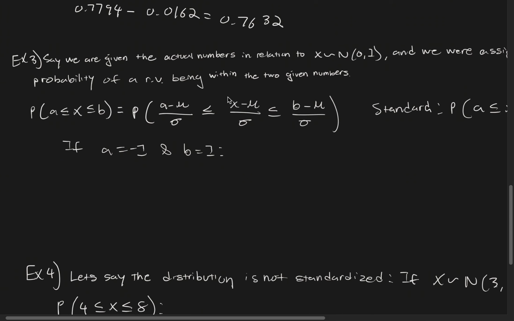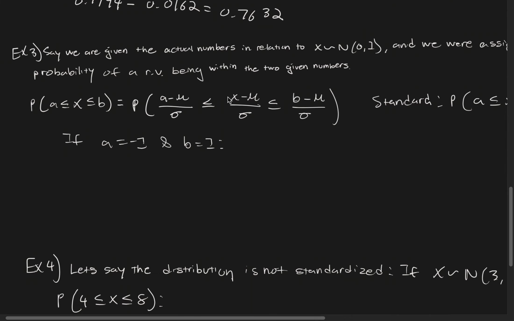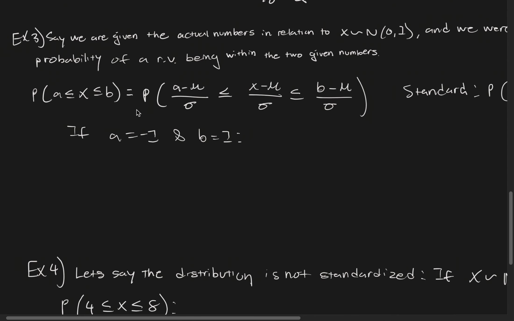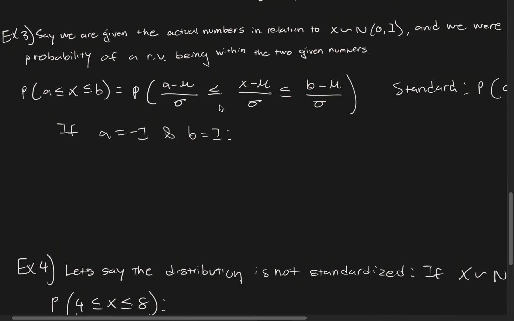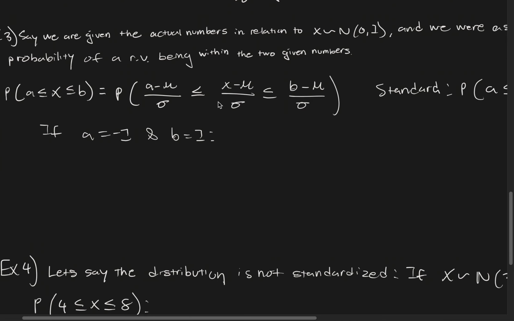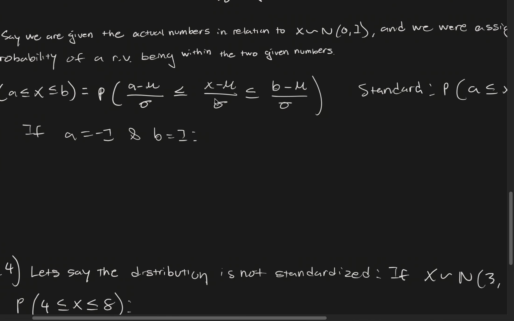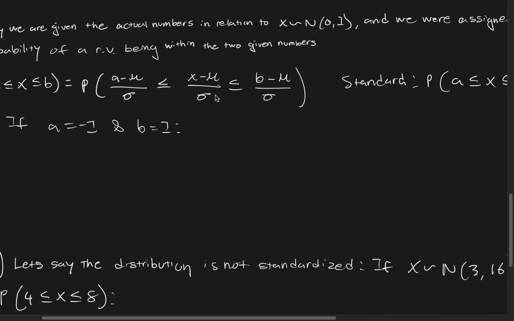If you want to do that, we can write out this formula right here: the probability of x being between a minus mu divided by the standard deviation, and the upper limit being b minus mu divided by the standard deviation.